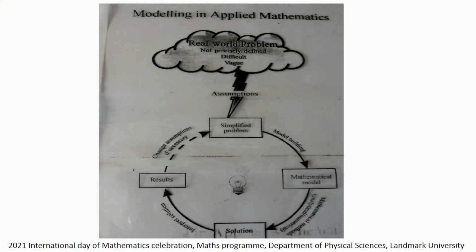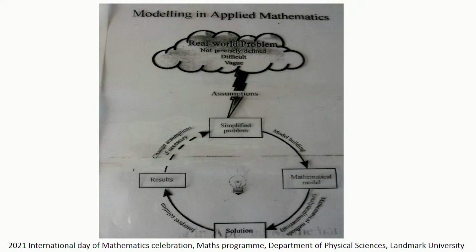So, this is what I'm saying. Model in applied mathematics entails a real world problem. You have a problem in the world you want to solve. Okay? This problem is not precisely defined, it's difficult, it's vague. There's so many things happening. You want to model the weather. It's very complicated. You have to have conservation of mass, conservation of momentum, conservation of energy. It's very complex, three-dimensional.